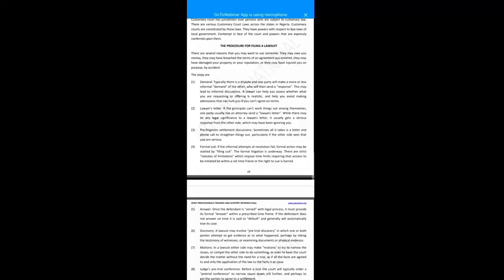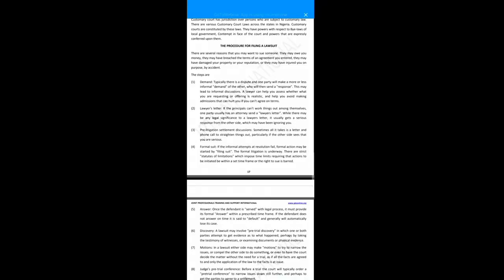Now, the answer: once the defendant is served with legal process, it must provide its formal answer within a prescribed time frame. It might be within 2 days, within a week, within a month. It all depends. Like if one is filing for a divorce, the other party will have to respond within a set time stipulated in the letter.